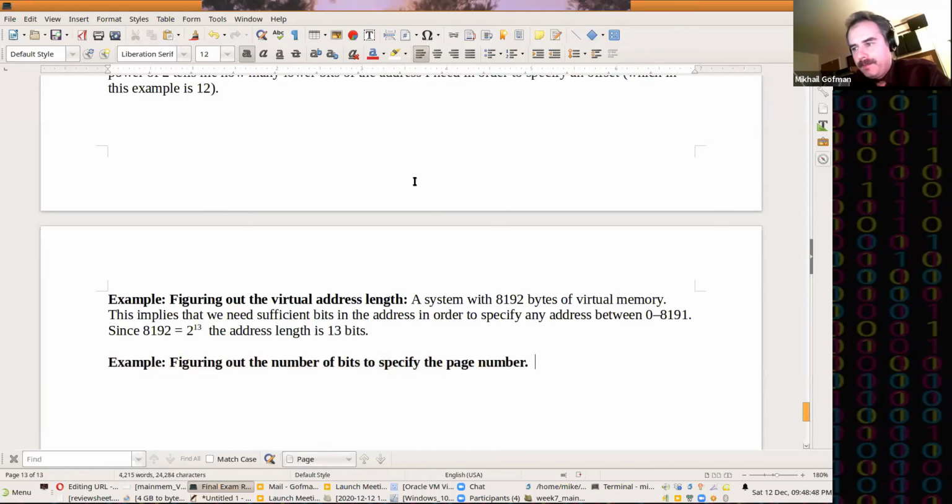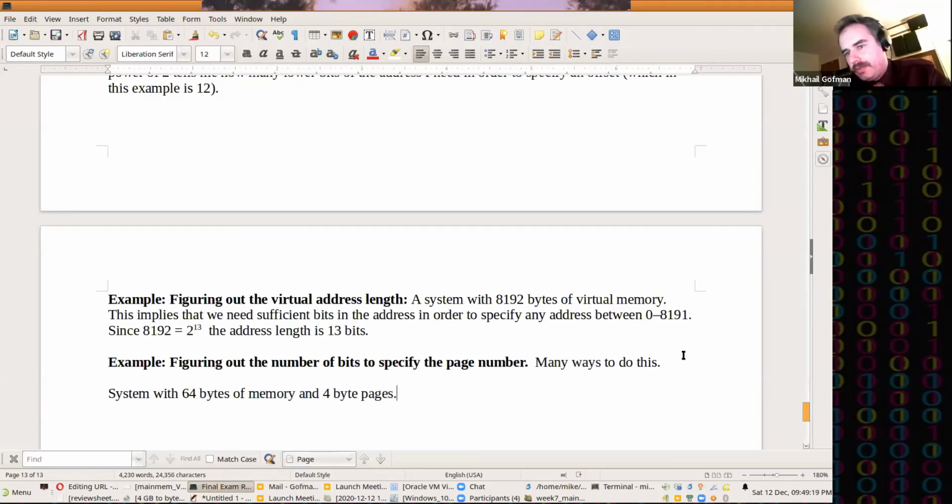One example: let's say a system with 64 bytes of memory and 4 byte pages.